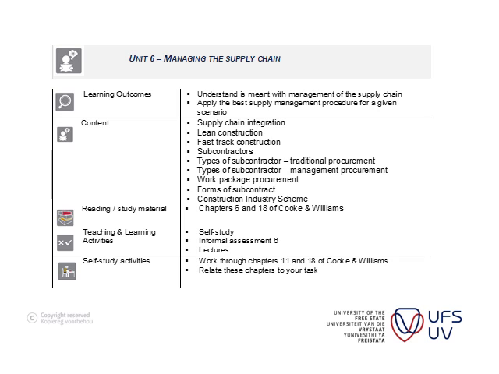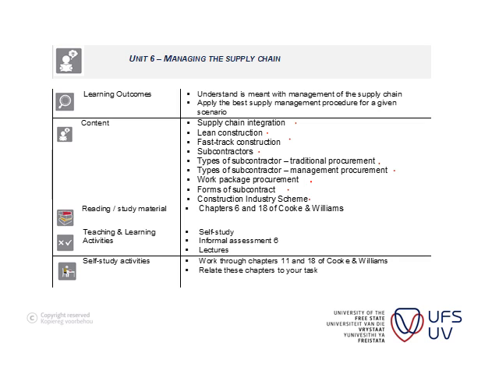So the content is supply chain integration, lean construction, fast track construction, subcontractors, types of subcontractors, traditional procurement, management procurement, work package procurement, forms of contracts, subcontracts, and then your construction schemes.